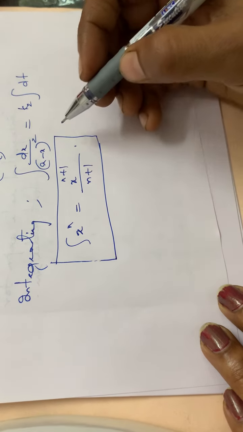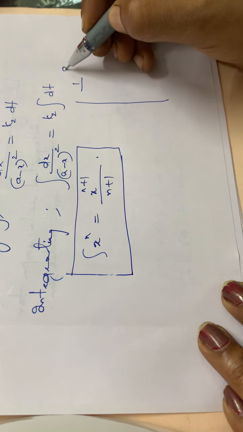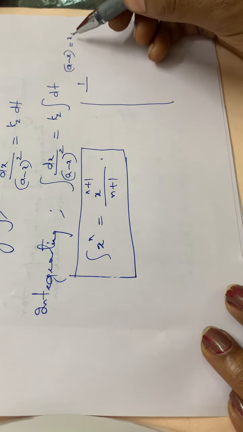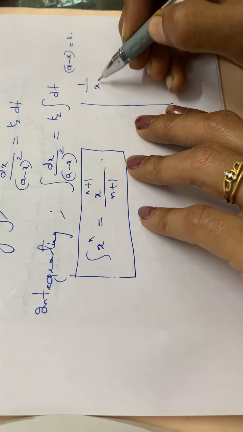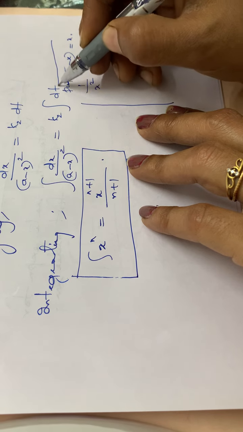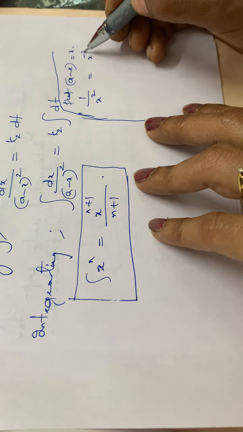What about the integration? Here it is 1 by x square. If we put A minus X equal to X, then it becomes 1 by x square. What is 1 by x square? It is x raised to minus 2.